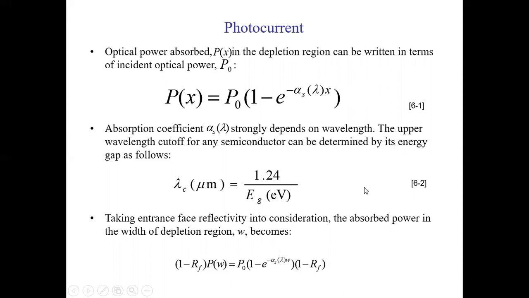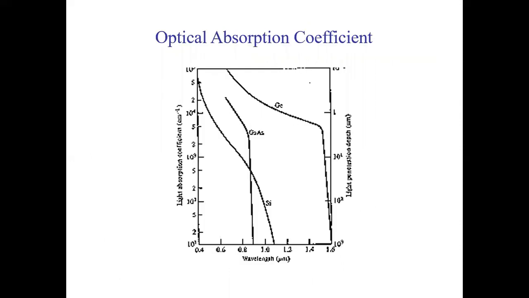Taking entrance face reflectivity into consideration, the absorbed power in the width of the depletion region becomes like this. See, if you plot it with respect to wavelength, the optical absorption coefficient for some of these materials like gallium arsenide, germanium, silicon.